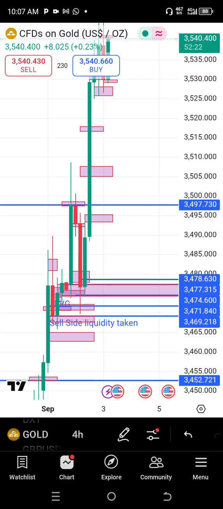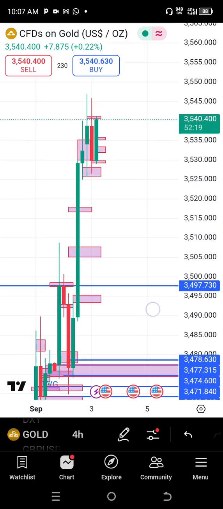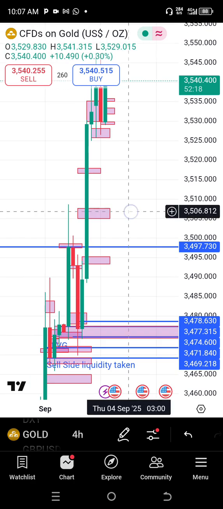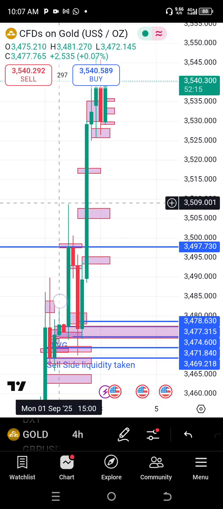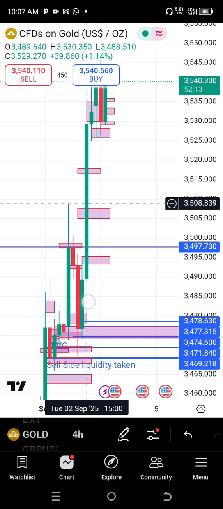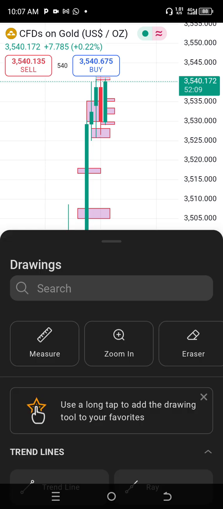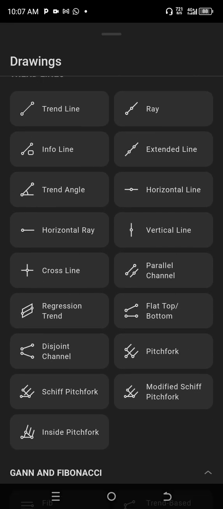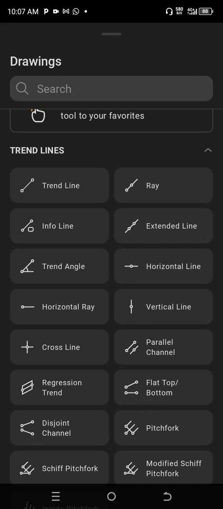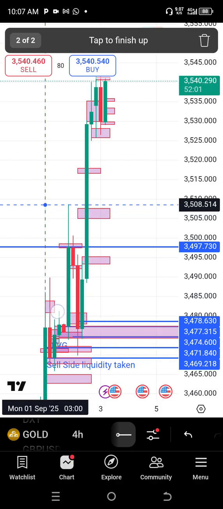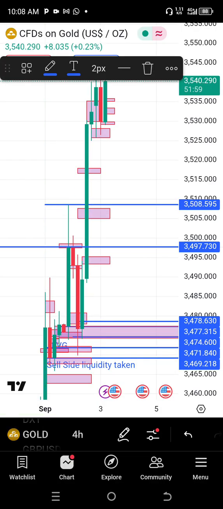Now from the 4 hours time frame, you can see from here this is a break of market structure. Whenever there is a break of market structure, as you can see from here, 3,548 has a break of market structure to the upside.